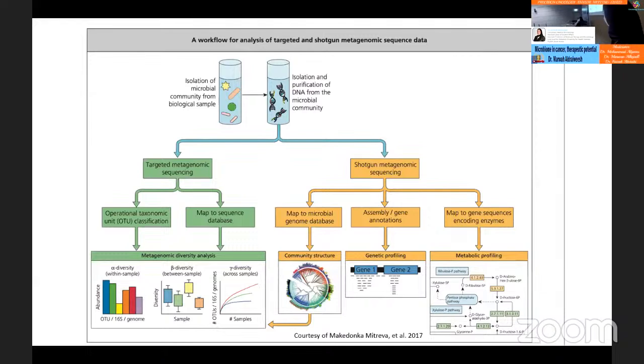In targeted metagenomic sequencing, we target the 16S ribosomal RNA gene, which is a conserved gene in all bacterial species. However, in shotgun metagenomic sequencing, we do whole genome sequencing of all the microbial community available in the microbiome sample, studying their metabolites and their function as well.